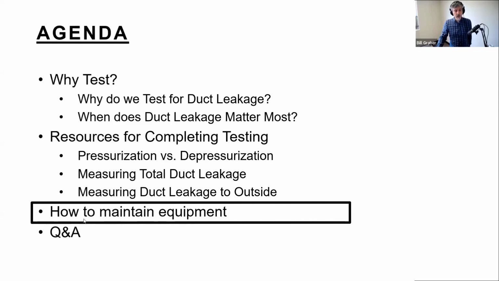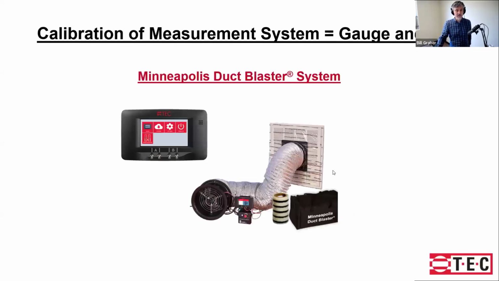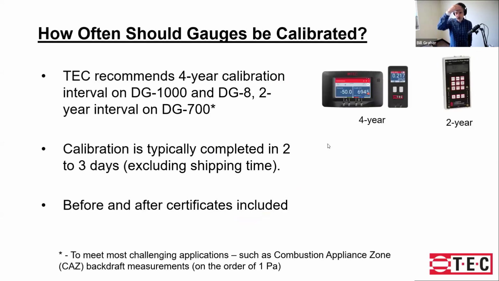So I'm going to touch quickly on how do we maintain the equipment? How do we make sure? Because we get more questions on this as people are doing more and more testing. So I'm going to look at the system real quick. As Jake has made very clear, it's the fan and the gauge. This is the system that's helping you make these measurements. Our newer gauges are on 4-year calibration intervals.